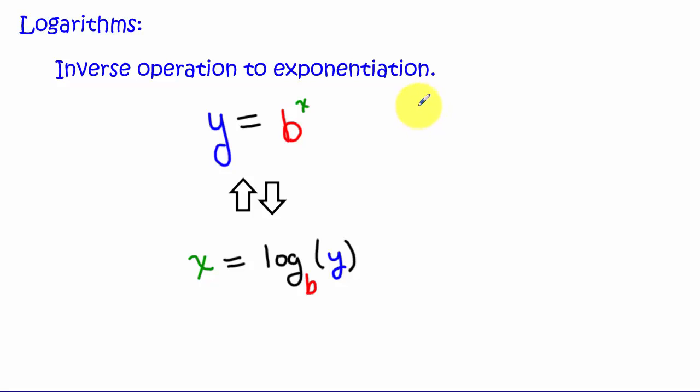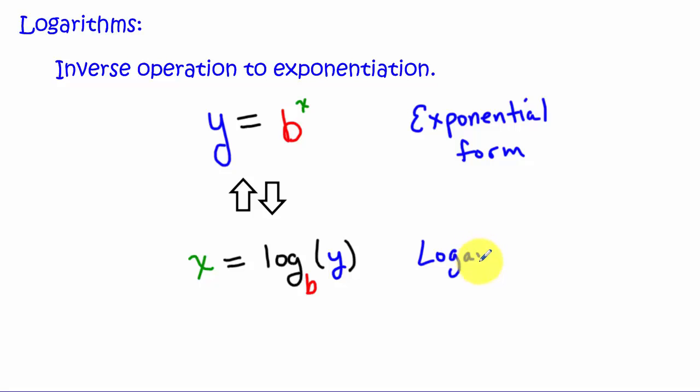This is called exponential form, and we may convert exponential form into logarithm form. You can see by the pattern on the screen how we make that change. Sometimes we will go from logarithm form to exponential form. We'll have examples of that also.